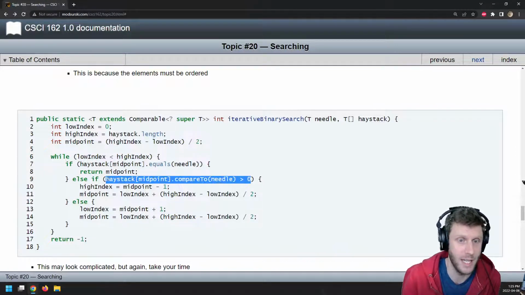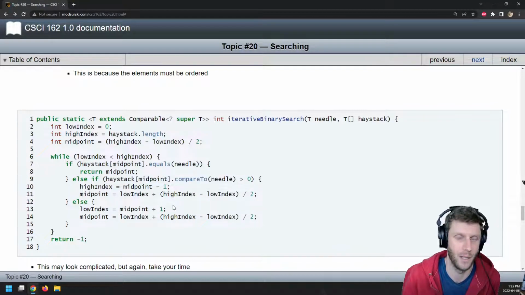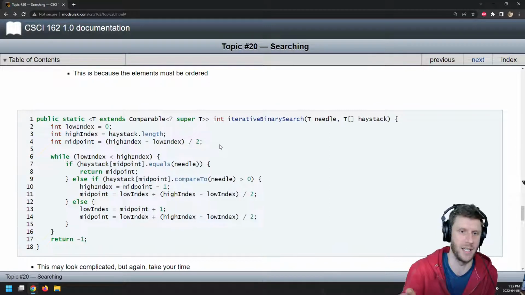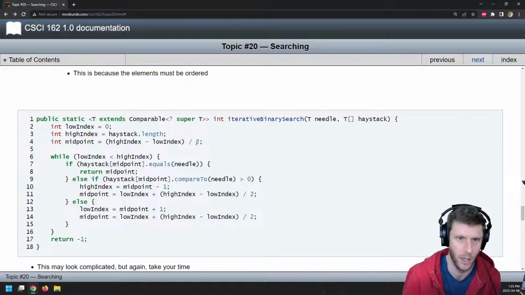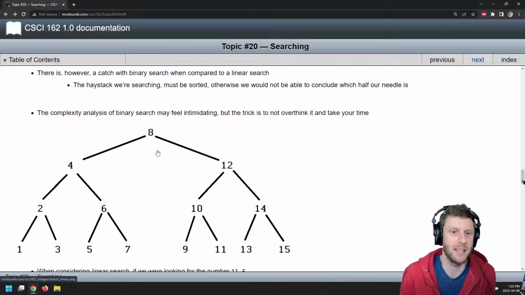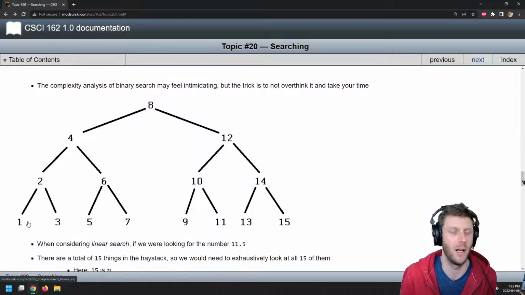If we need to look at the low side, if the thing we're looking for is actually less than the midpoint, well, then we say the high point is now the midpoint minus 1, because we don't need to consider the midpoint anymore. Meaning, when this starts, low point is 0, which has the value 1 in it.